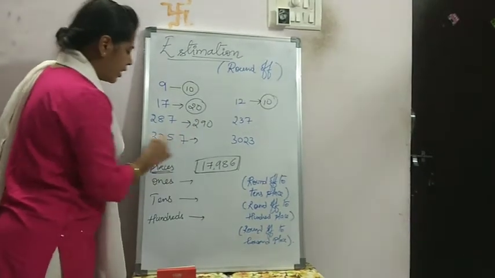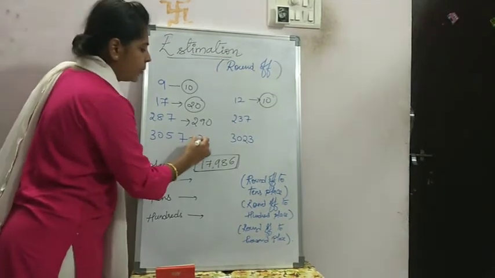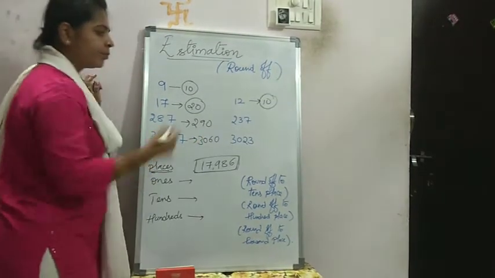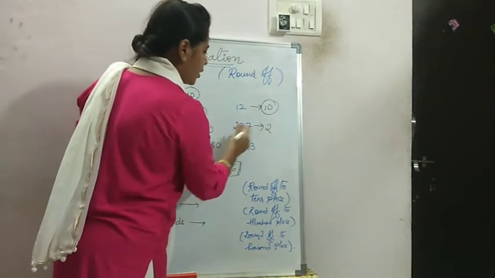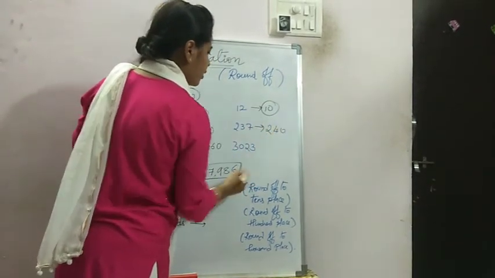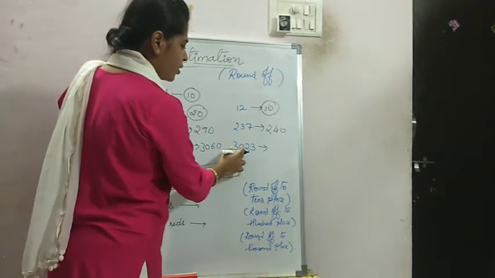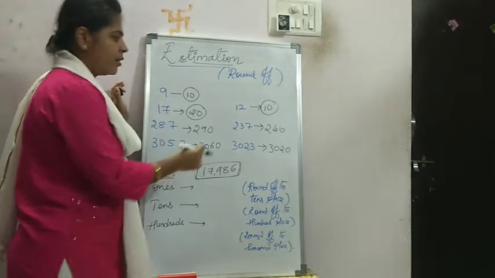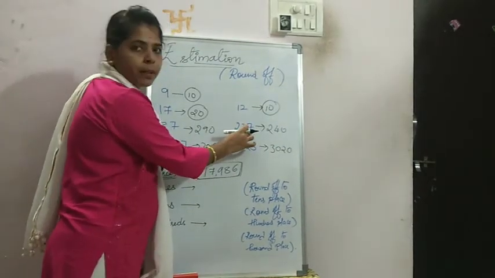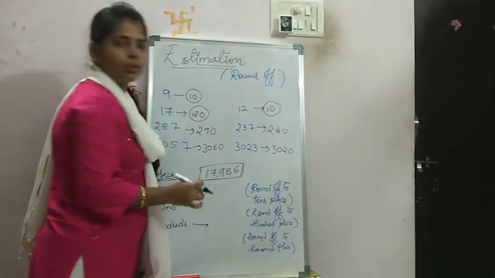You can see that 3057 will become 3060. Again 237 will become 240, right? Again 3023 will become 3020. This means you have to see the place values and then round up the figures.